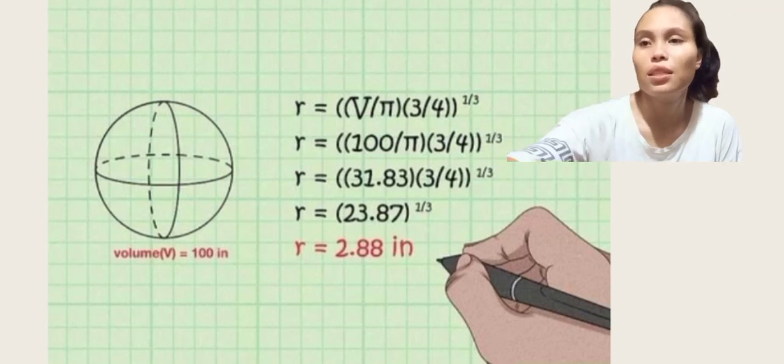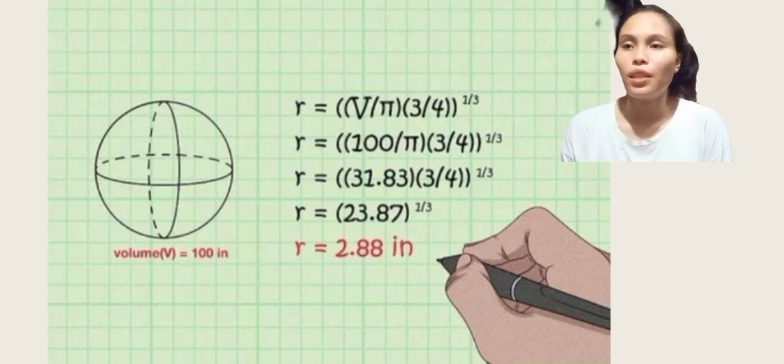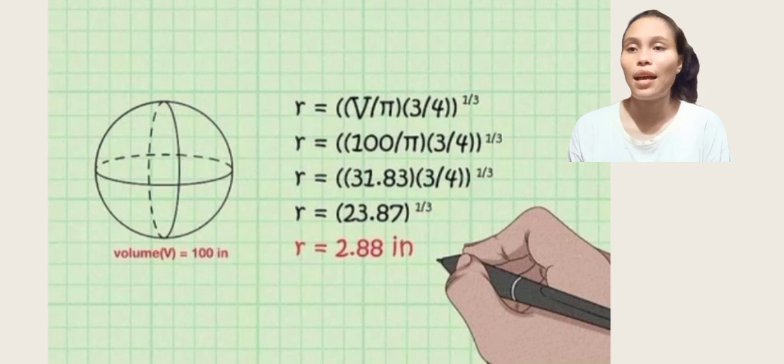Next, we need to find the radius given the value of the volume, which is 100 cubic inches. So radius equals the cube root of (volume over pi times 3 over 4).